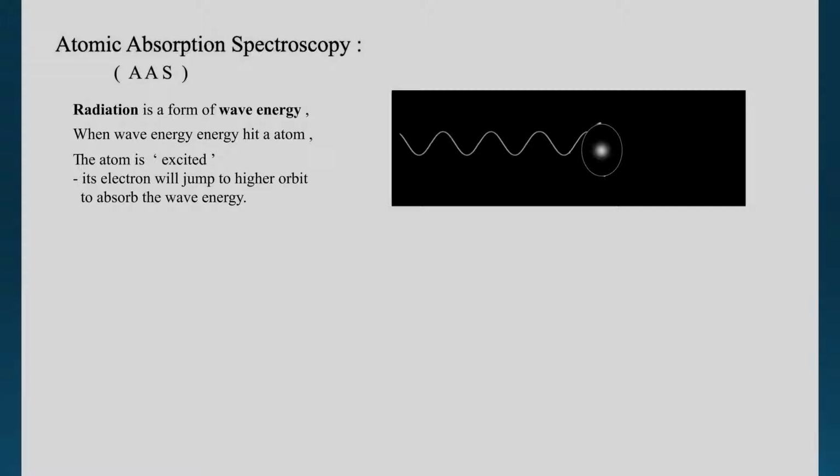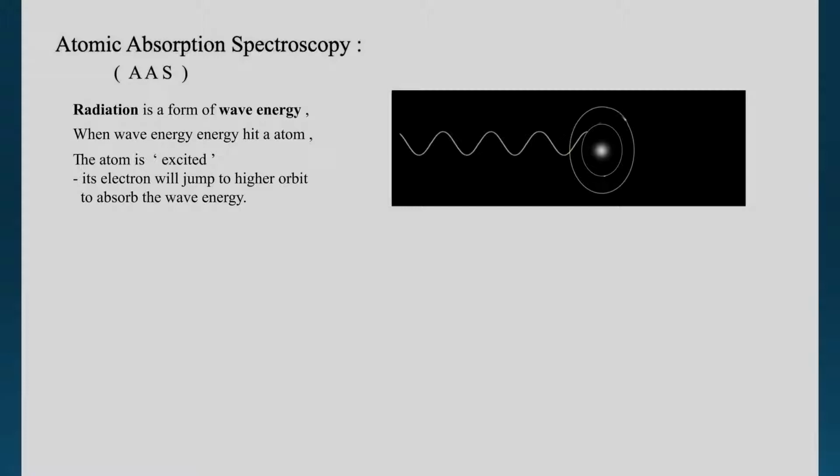So now this energy hits this electron. Now the atom is excited and the electron will jump to a higher orbit. And so this energy is passing from the radiation wave energy and onto the electron.